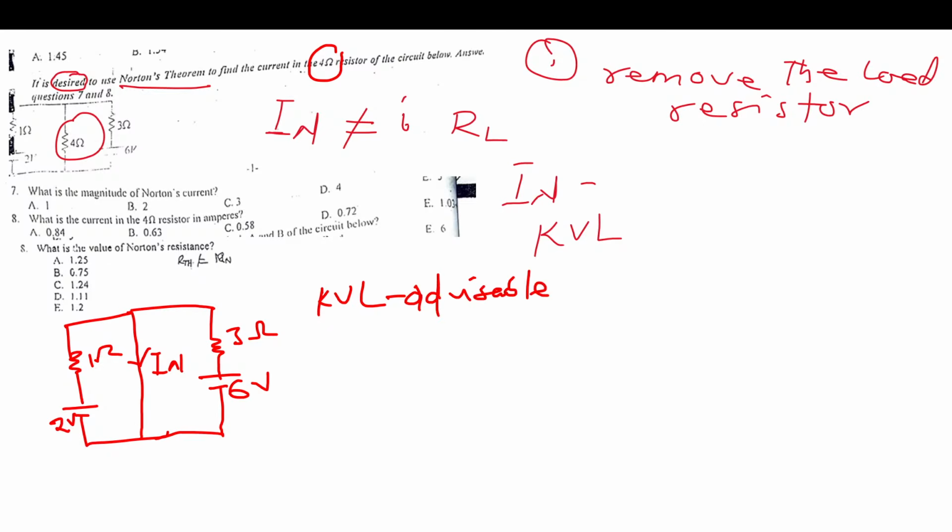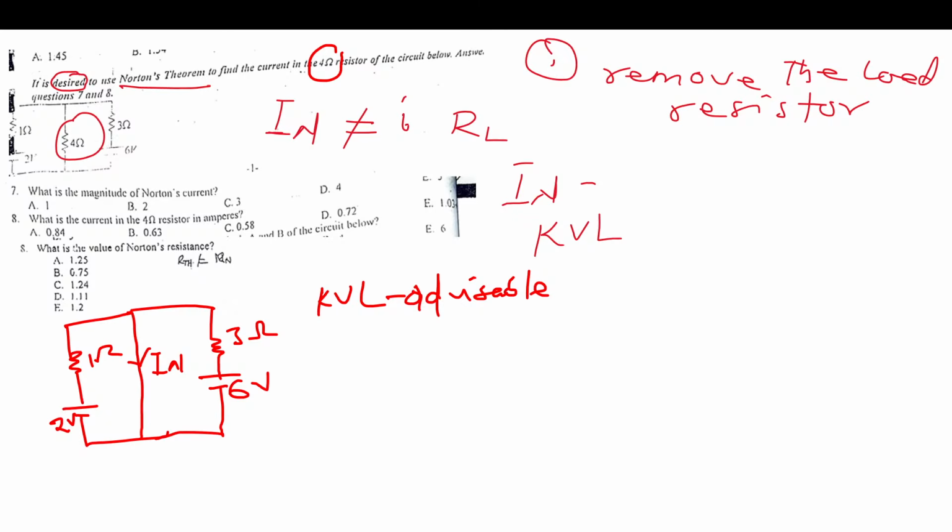It's advisable to always use KVL, and sometimes superposition when there are multiple sources. I don't know if I have a question like that here, but if there is, we are going to do that.